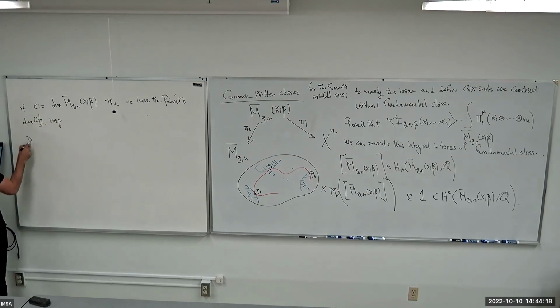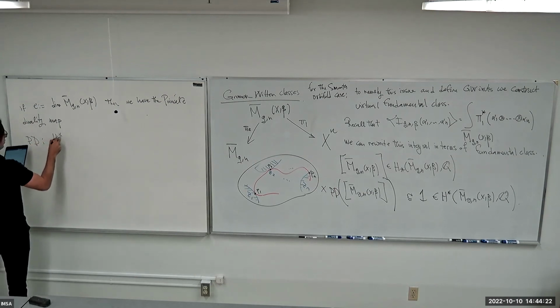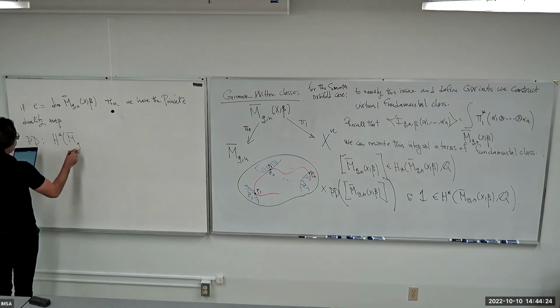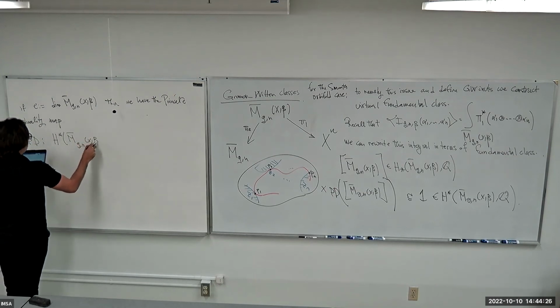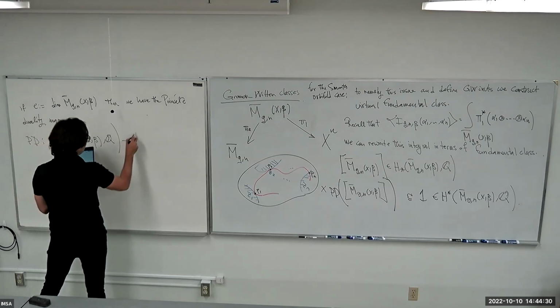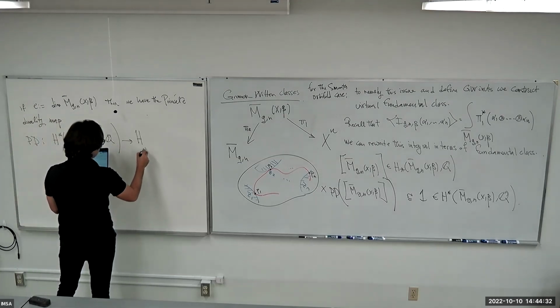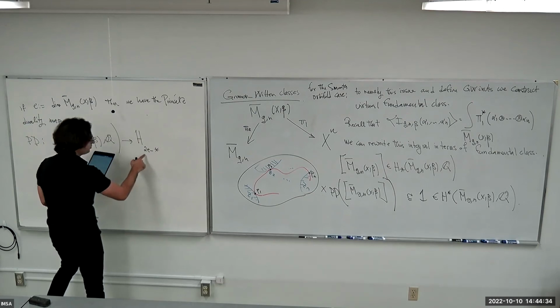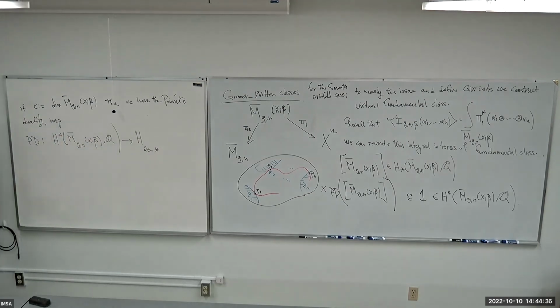So Poincare duality takes you from H upper star of M bar g,n X, beta to H 2E minus star. We work over real dimensions, right?